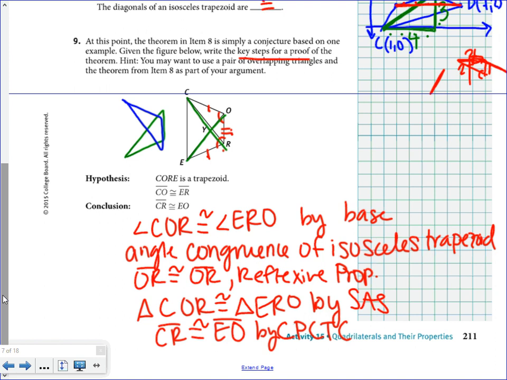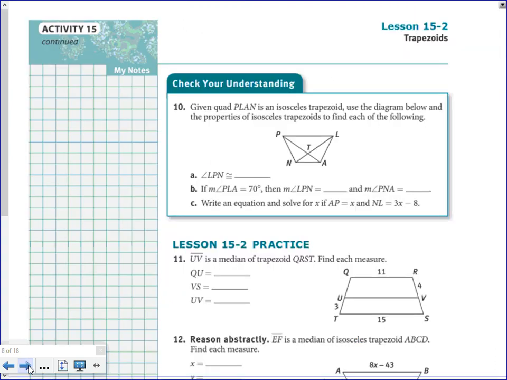So now let's look at number 10. They give us a quadrilateral, PLAN, and they tell us it's an isosceles trapezoid. And they want us to use those properties to find the missing parts. So they tell you that LPN is congruent to another angle.